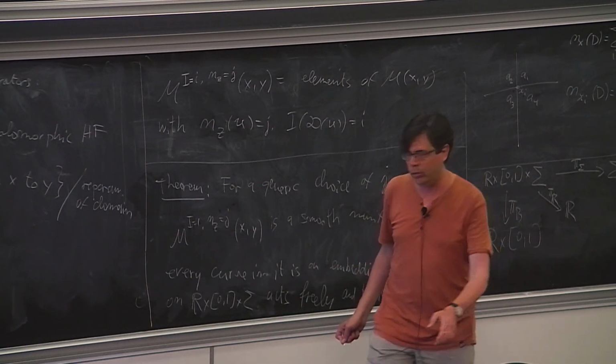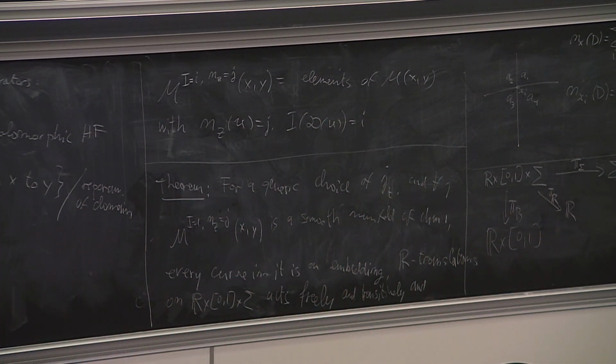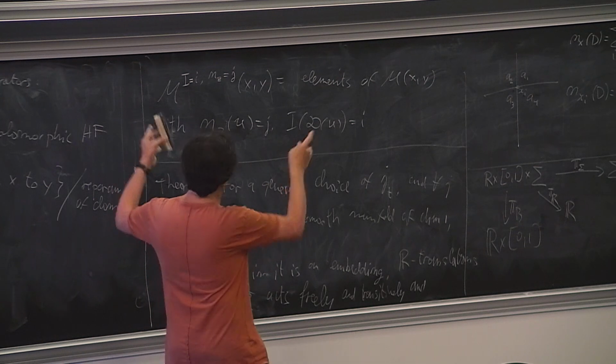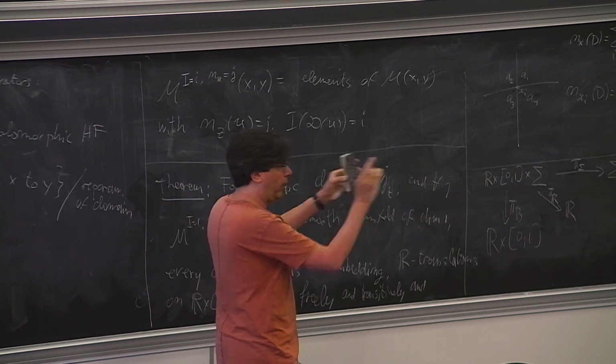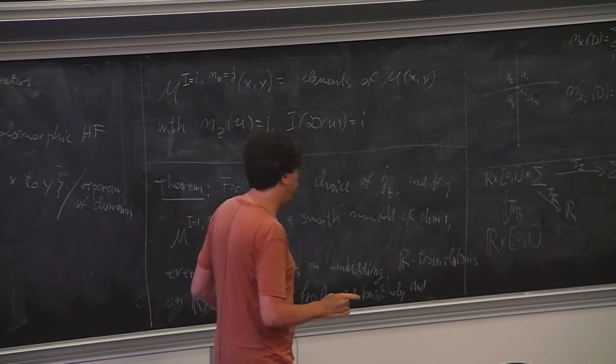So translation: since the almost complex structure we have defined on R times [0,1] times sigma does not depend on the s coordinate, if we take a Heegaard Floer curve and we translate by changing its R coordinate, we still have a Heegaard Floer holomorphic curve.